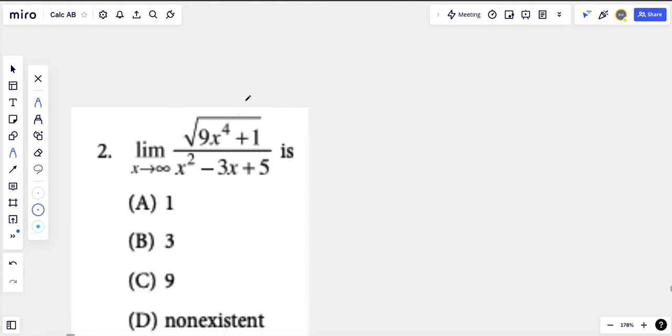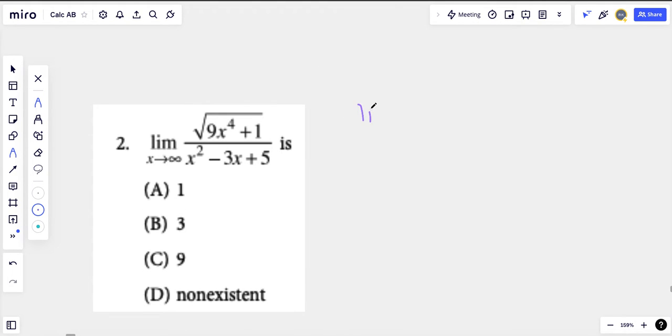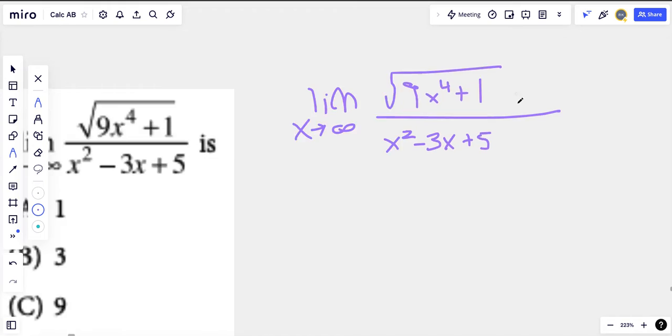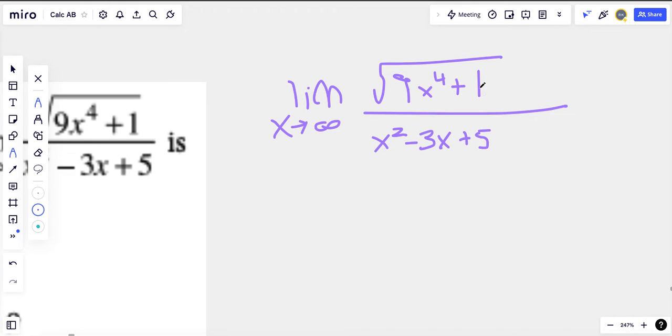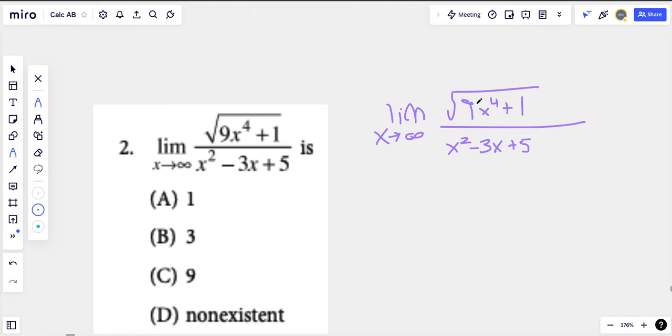So the way this works is we now just divide by x squared by everything. But the thing is that we want to make sure that we're dividing inside this radical.